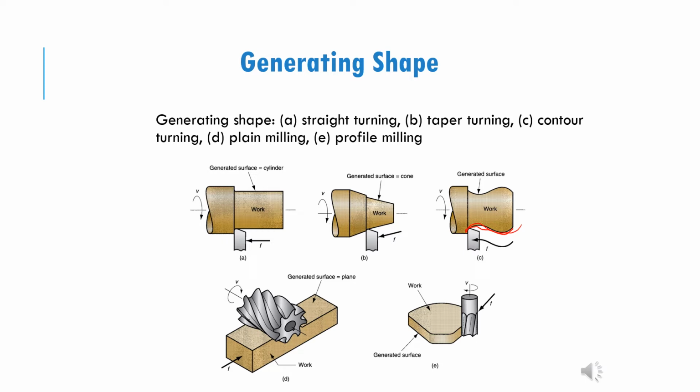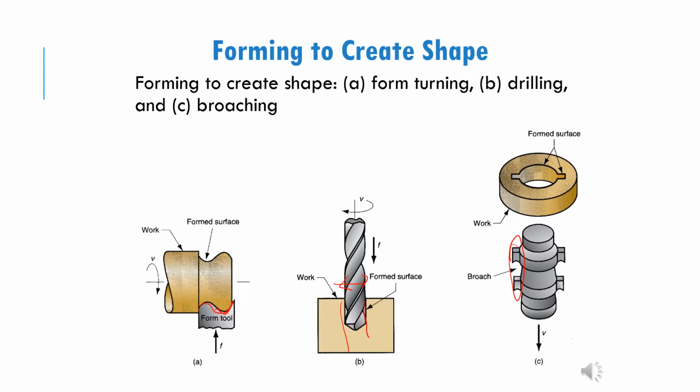Okay, and then contour turning, so the movement of the tool creates the contour on the workpiece. And we also have plane milling and also profile milling. So this one, everything depends on the movement of the tool in order to get the shape that we want.